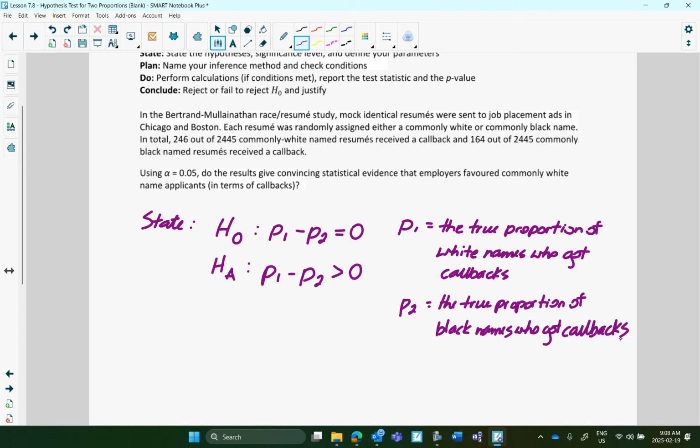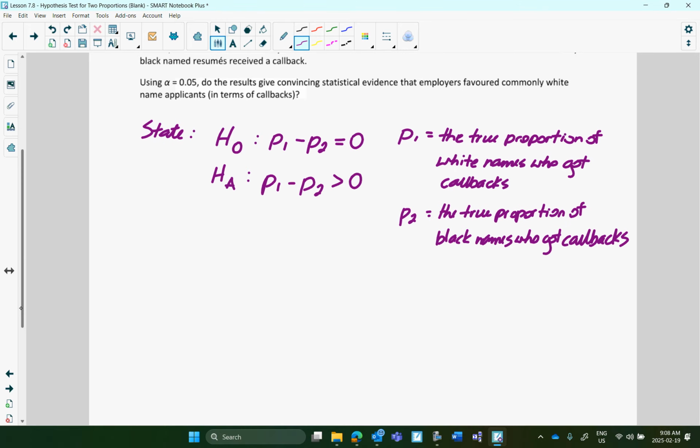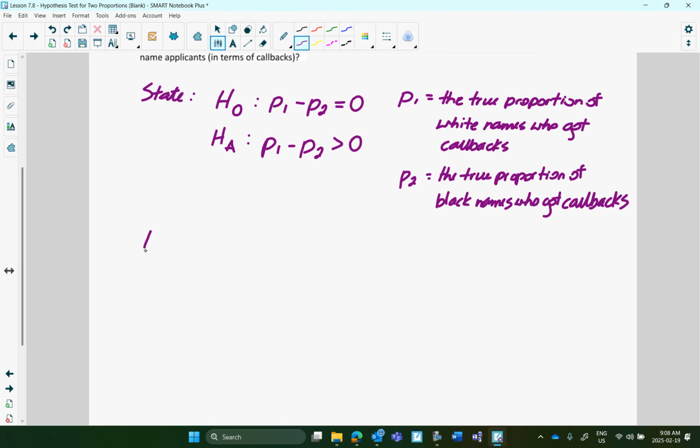The plan. We are performing a two-sample z-test. Remember, when it's proportions, we use z.